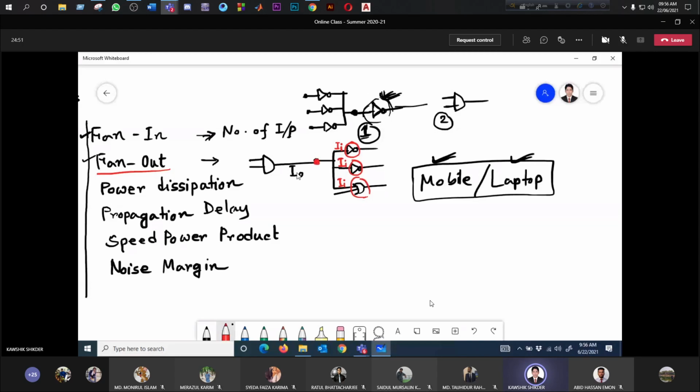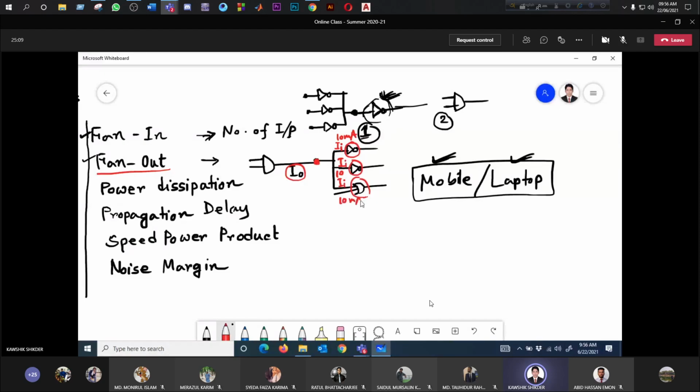So it depends on the value of IO. Suppose the required current to turn on this inverter is 10 milliampere. This one also 10, this one also 10 milliampere.